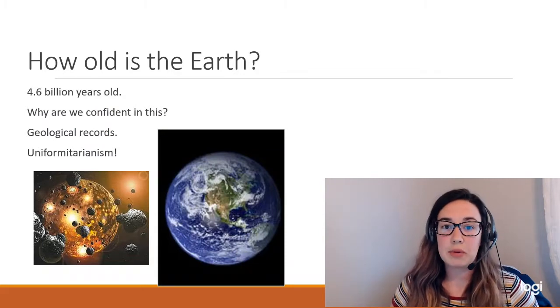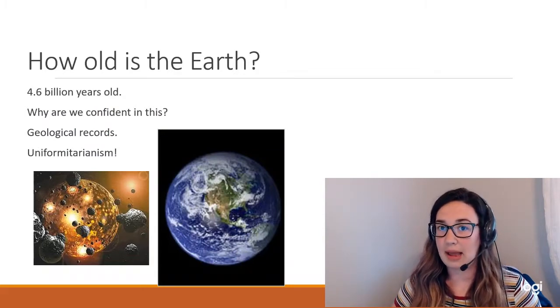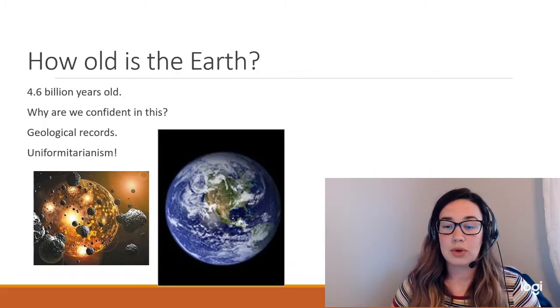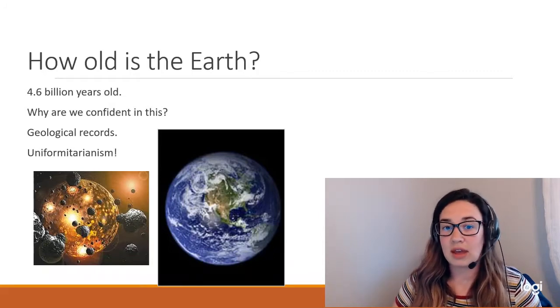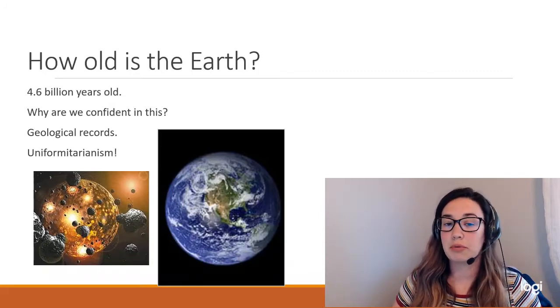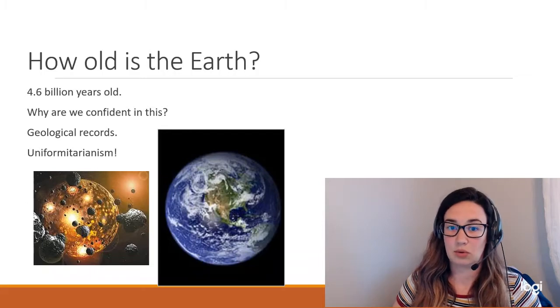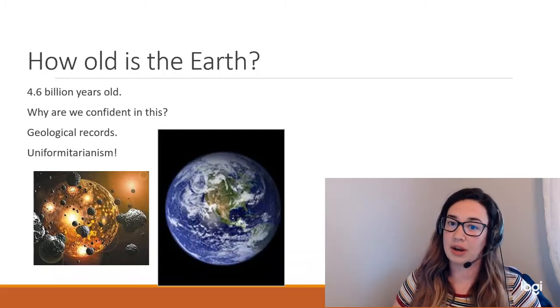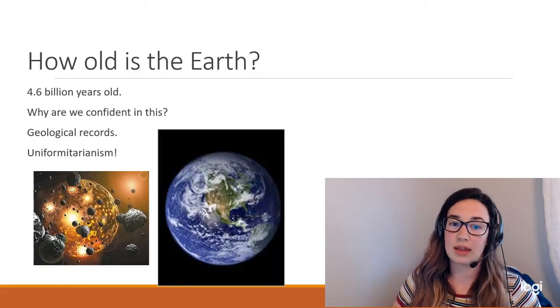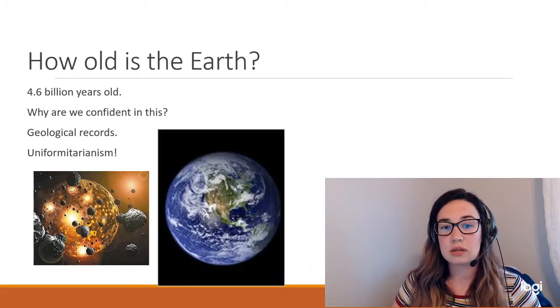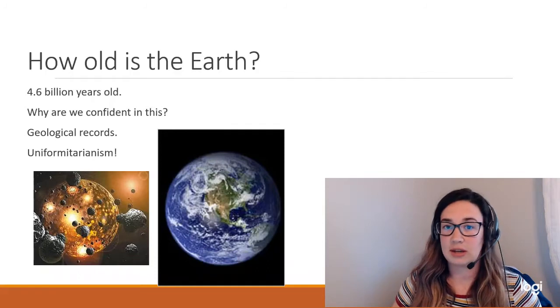Okay, so you may remember this slide from last week's lecture. We started talking a little bit about Earth and how old Earth is. We do know that Earth is approximately 4.6 billion years old. But why are we confident in this? I mentioned last time, this is due to 2 things: our geological records and uniformitarianism.